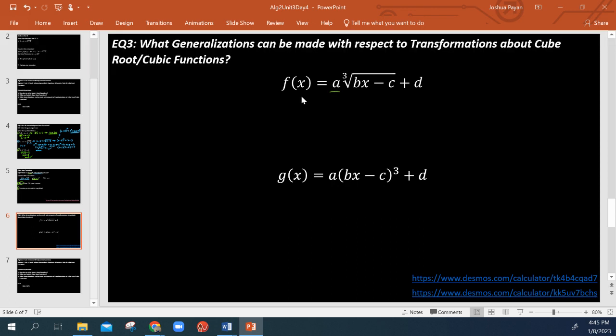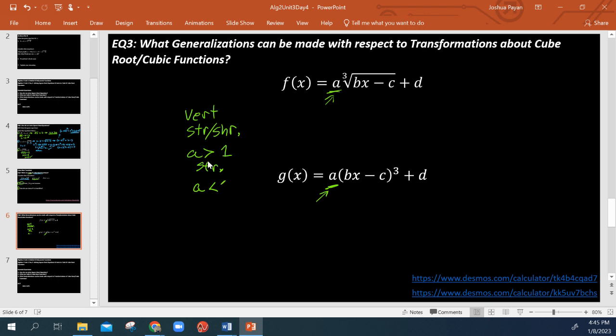We can already surmise, A in both cases is probably our vertical stretch or shrink, right? And when A is greater than 1, that means it is a stretch.